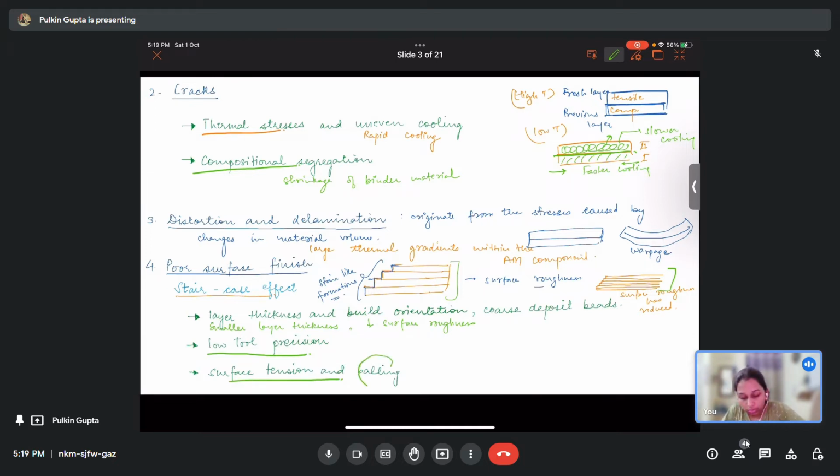This balling effect is majorly associated with powder bed processes, wherein because of surface tension effects, your melt tends to form spherical balls.